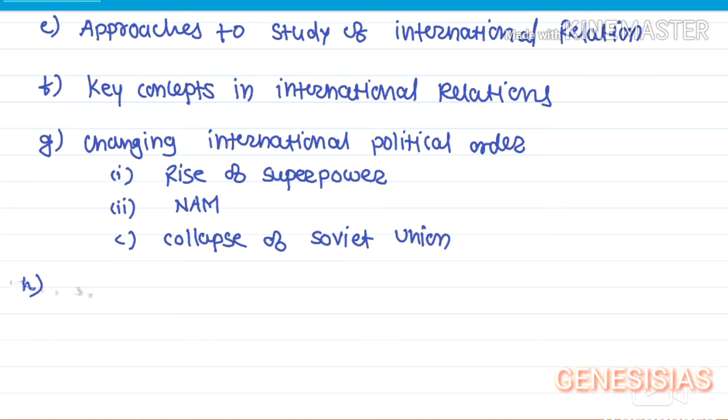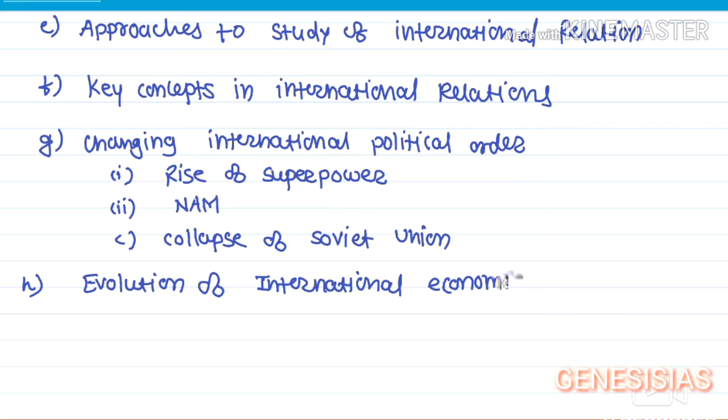Then the next point is evolution of international economic system from Bretton Woods to WTO, then socialist economies and Council for Mutual Economic Assistance.